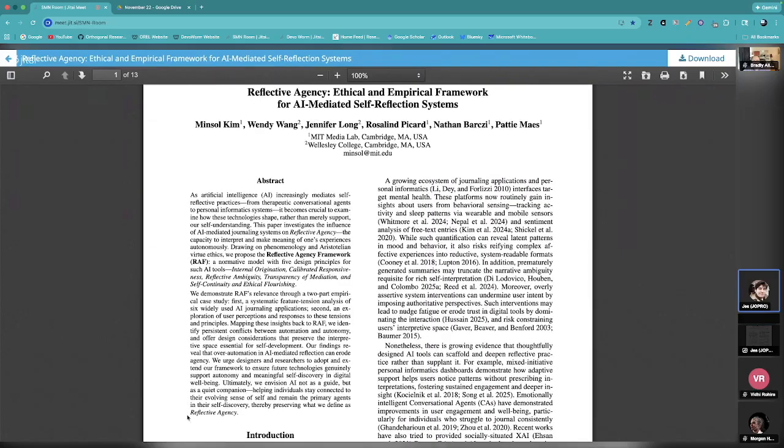What's interesting about this paper is that it creates a framework. It offers a bit of an investigatory case study of existing AI journal chatbot type things, and also has a small user study too.